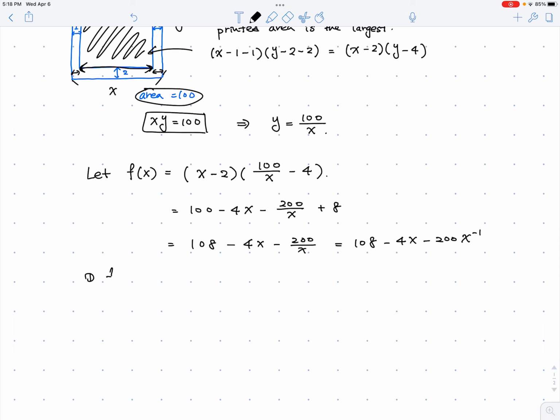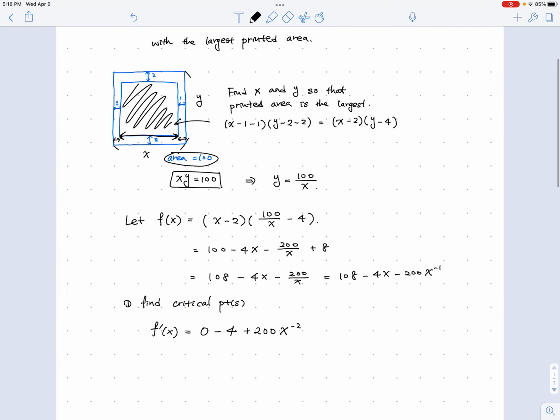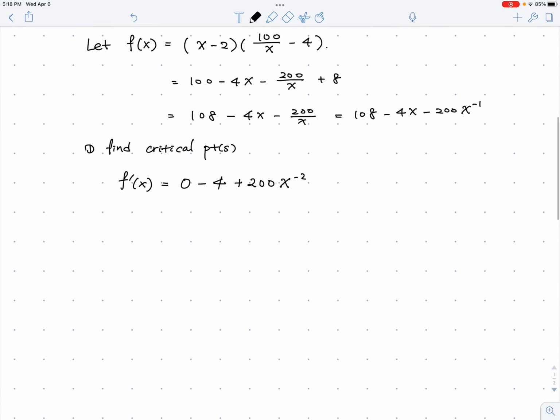Alright. So then find critical points. So this is f prime equals 0 minus 4 plus 200x to the minus 2. Okay. So that's minus 4 plus 200 over x squared. Okay.